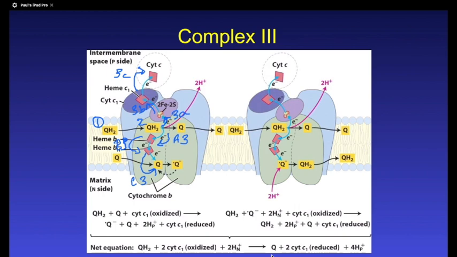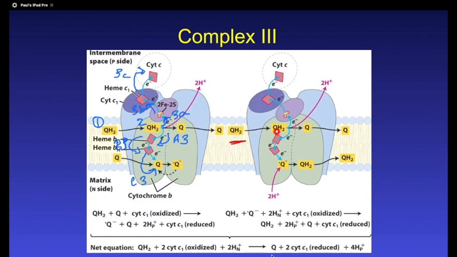A second QH2 comes in. All right. Now, what's different is this second one has a Q that has the negative charge and an electron. So before, it just had a Q. And now I have a new cytochrome C that can carry another electron.